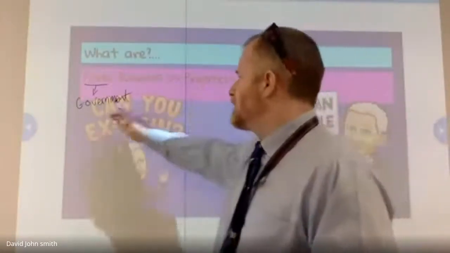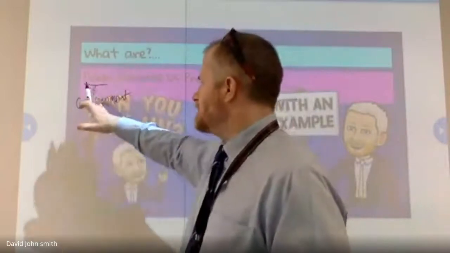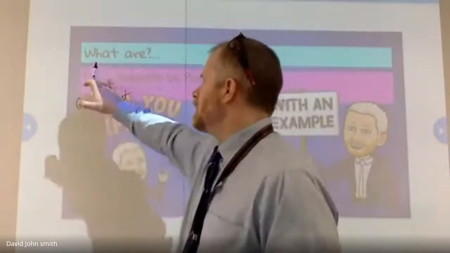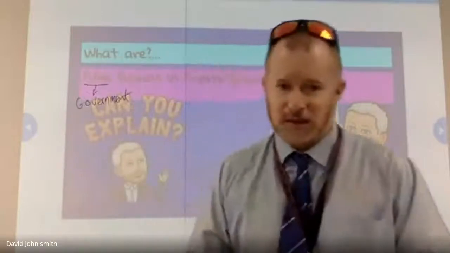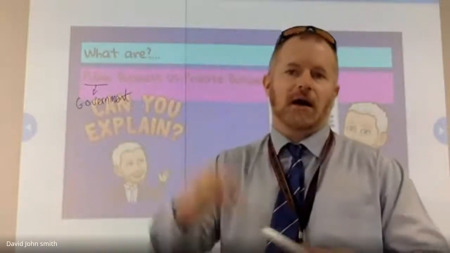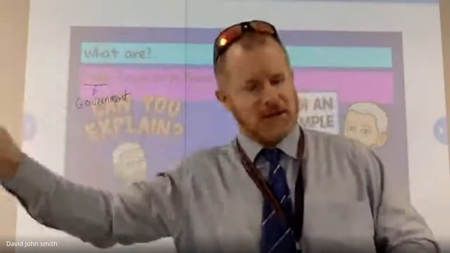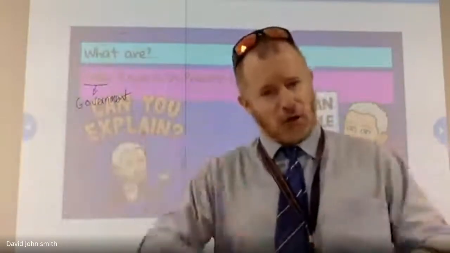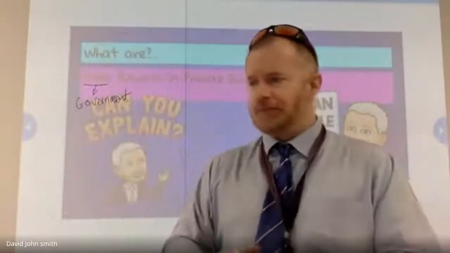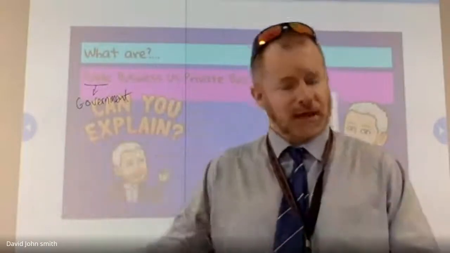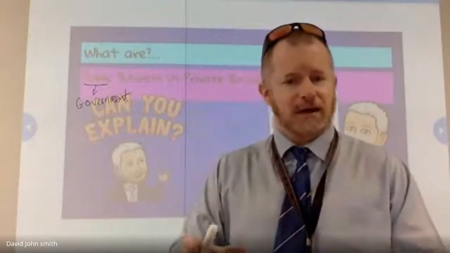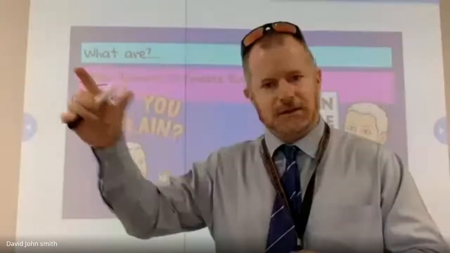So you have a government business or a state business or a public business. Now, yes, it gets a bit confusing because when we talk about publicly listed companies, that means they're on the stock market. And some people do refer to them as public companies, but strictly speaking, they are known as publicly listed companies.